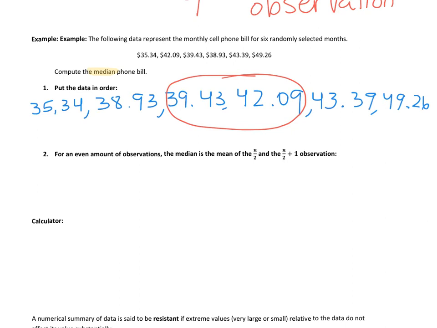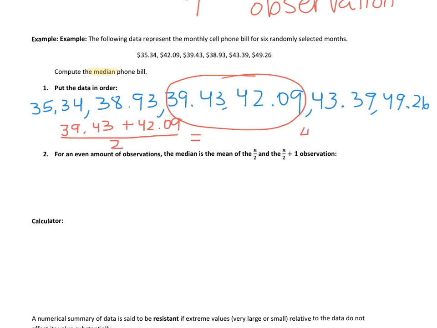All right, so what we have to do in that case is find the number essentially between them, which is the same as the mean. Because it's even and we have 2 numbers in the middle, we have to find the mean of those 2 numbers. So calculator problem, I'm going to write it over here.